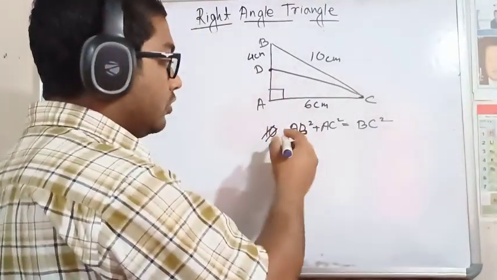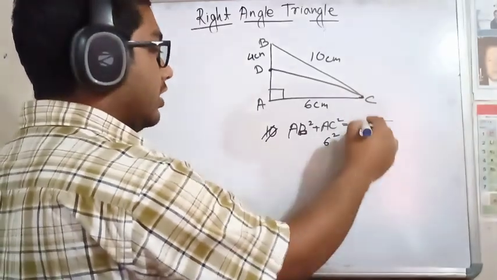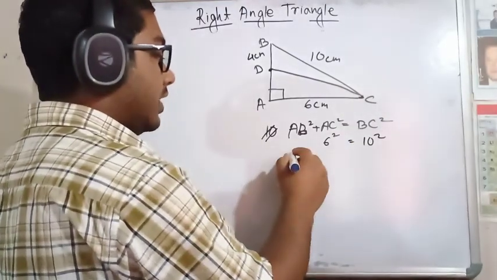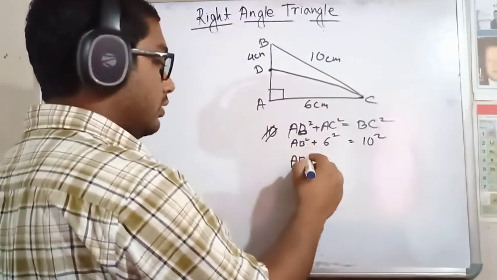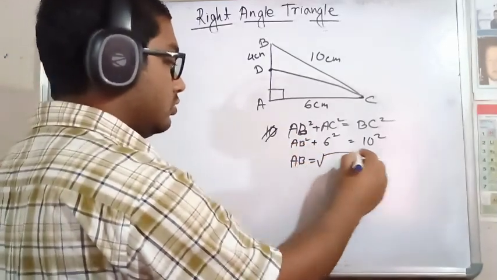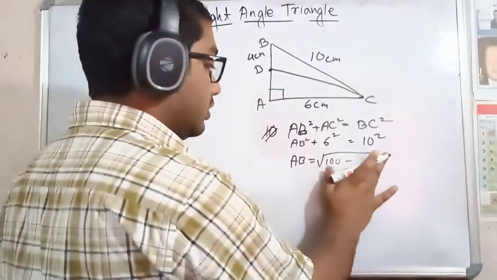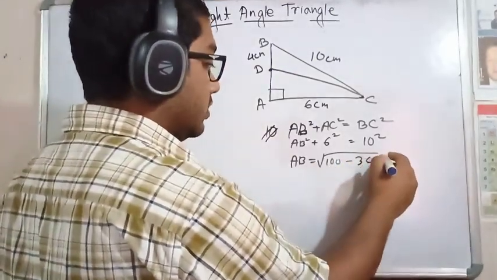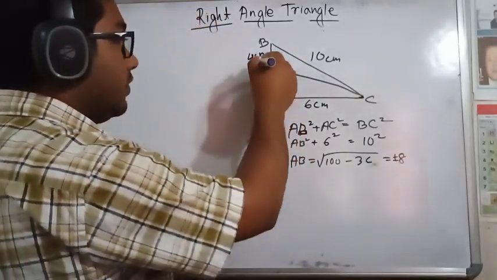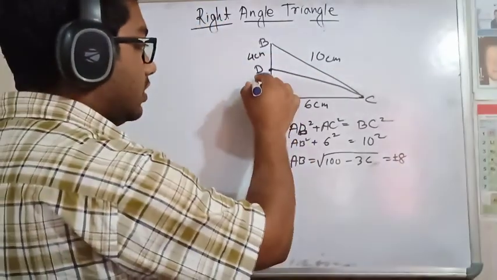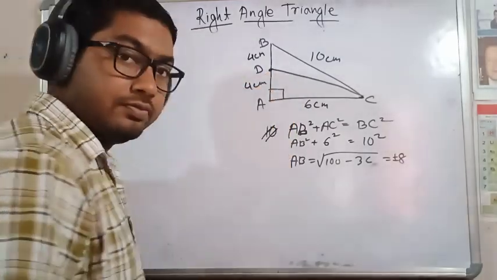We know AC is 6 centimeter, so 6 square, and BC is 10 square. So the value of AB is root over 100 minus 36, which is 8 centimeter. So BD is 4 centimeter and AD is also 4 centimeter.